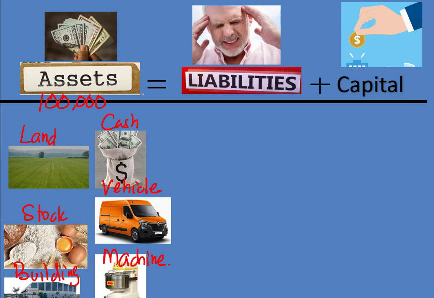Okay, and in order to acquire these assets, you borrow money from the bank. So you have a loan from the bank. The amount is $60,000. So your asset of 100,000 is equal to 60,000 plus the capital.